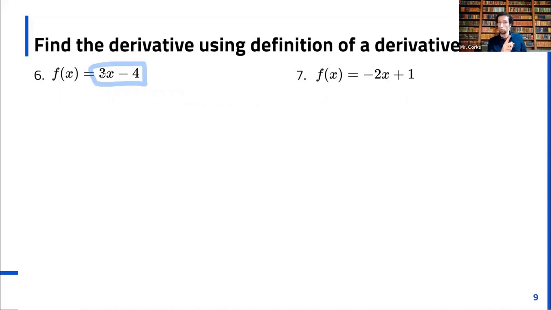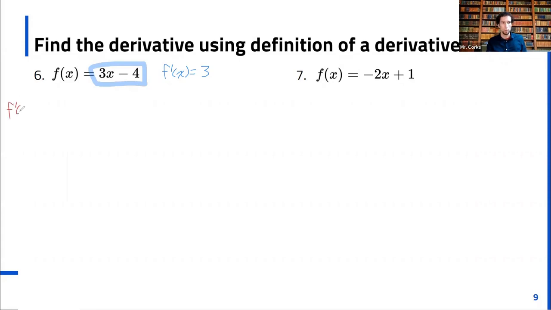With our shortcut rules, what should the derivative of this thing be, if we remember? Just 3. Right, f prime of x should be equal to 3. Okay, let's use our definition of a derivative and see if we can get that same result.